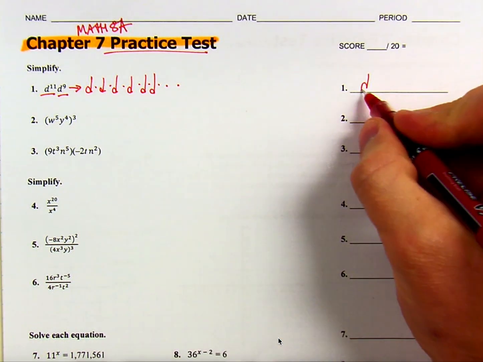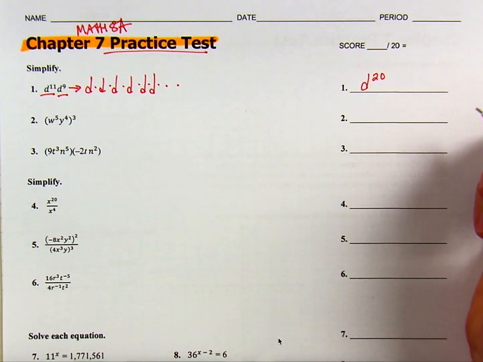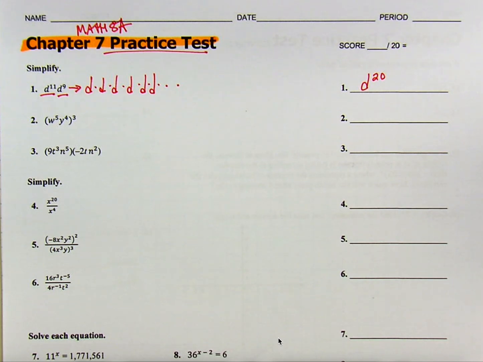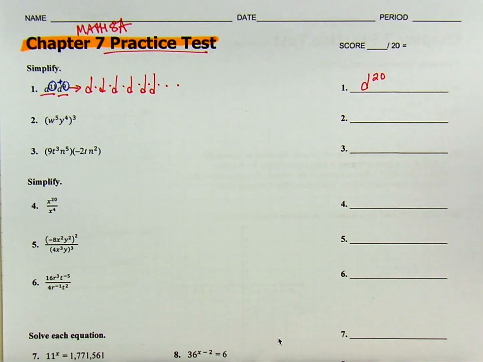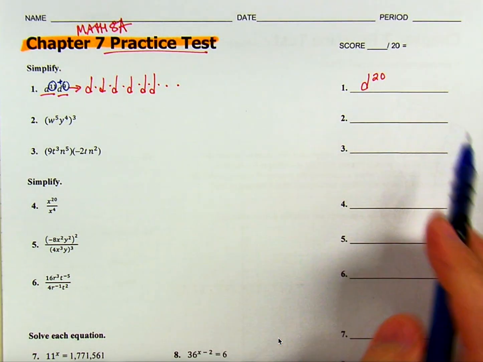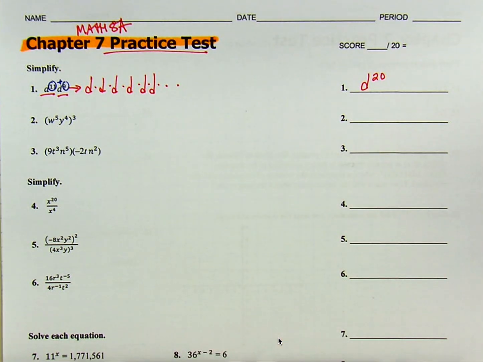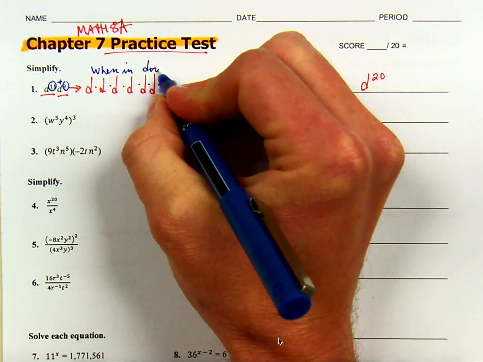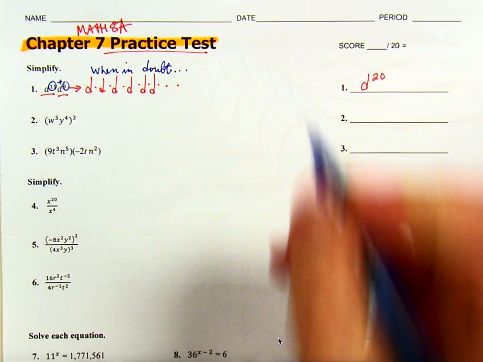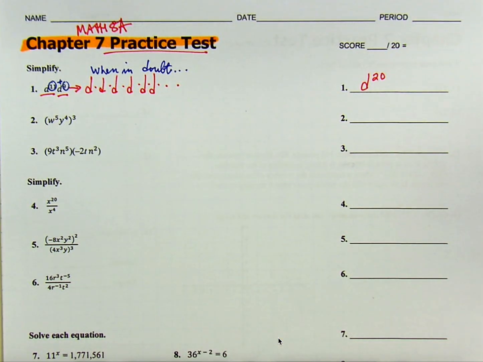Wouldn't I write 20 D's? Okay, so what we want to remember here is all you got to do is add the 2 exponents to get your new exponent in this kind of situation. But feel free to, when in doubt, write it out if you need to double check your process.